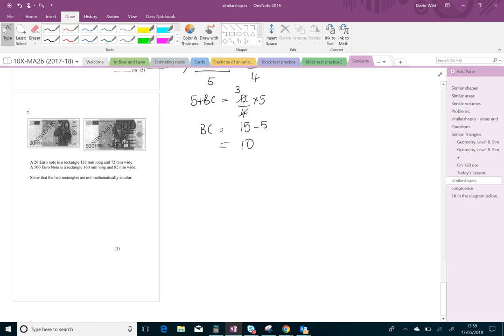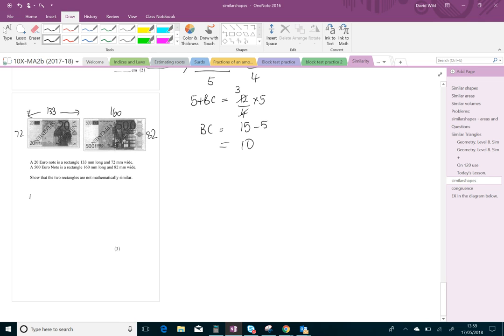Question 7. Okay, show that these two rectangles, with these given dimensions, so a 20 euro note is 133 by 72, and a 500 note is 160 by 82, are not mathematically similar.